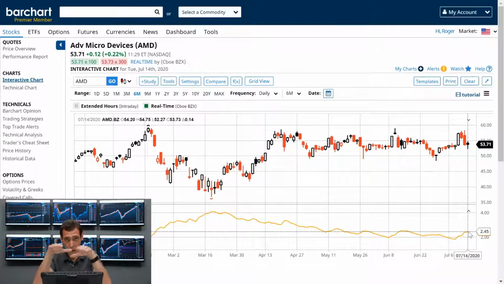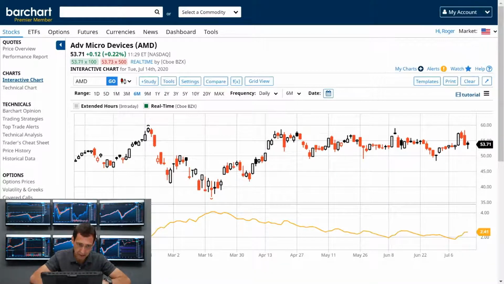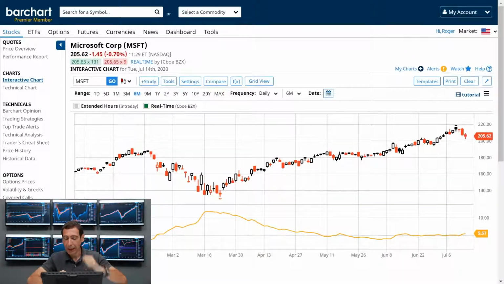Now you have two stocks with totally different volatilities, giving you reasonably even exposure. Let's now bring Microsoft into this. Microsoft is right in between. It's not $2.50 like AMD, and it's not $14.50 like NVIDIA. It's about $5.50, so 100 shares of Microsoft would get us about $550.